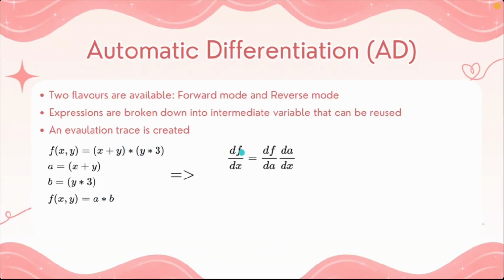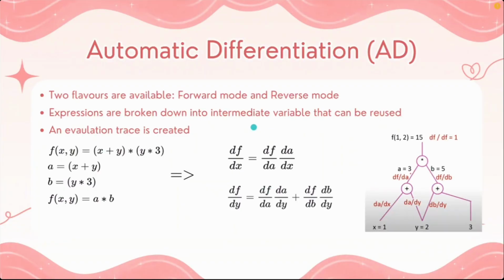When you want to differentiate f with respect to x, you take the partial derivative of f with respect to a, and then multiply that with the partial derivative of a with respect to x. And similarly, you can do the same for y also. So to get df by dy, you do da and dy.